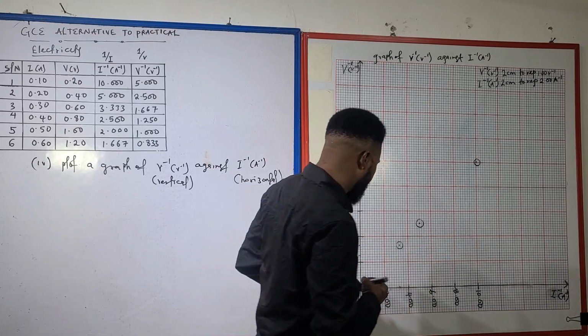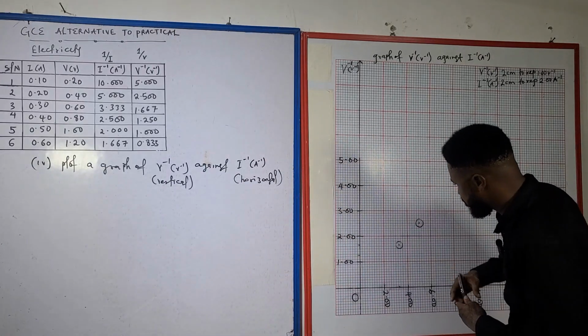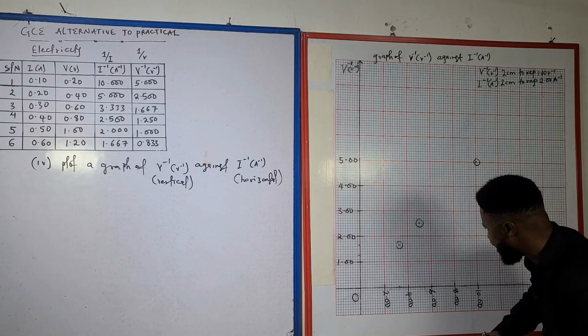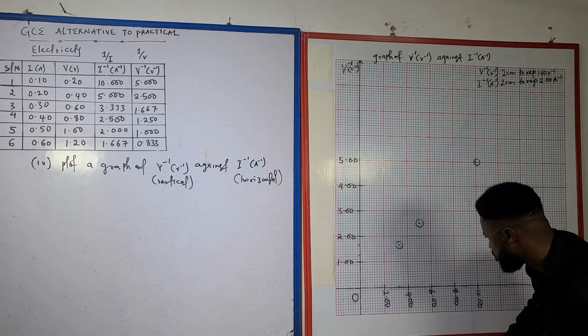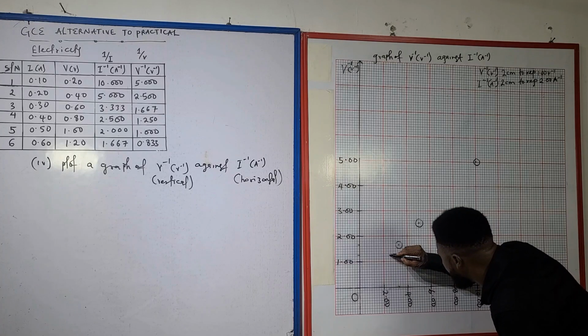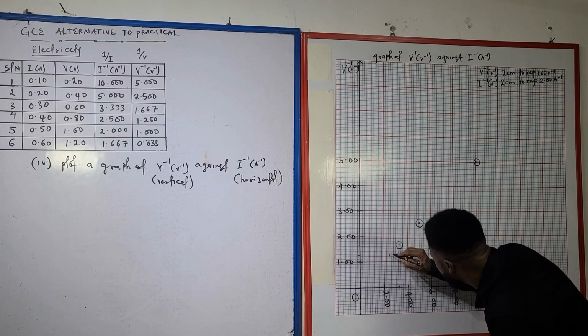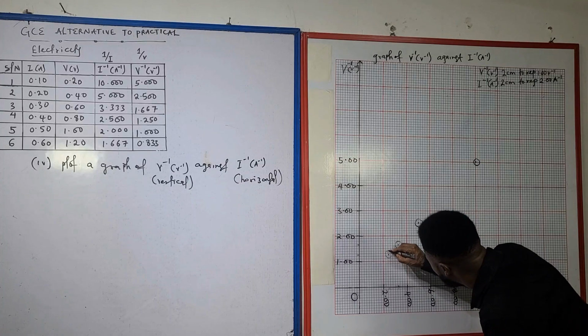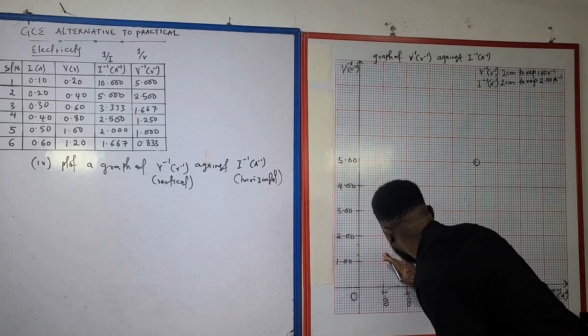You can always trace that out with your marker, not to put all those points when you are writing your exam. Okay, I'm going to trace that up. And boom, somewhere here. So I'm going to take note of that as well. Okay, let me get that clearly.